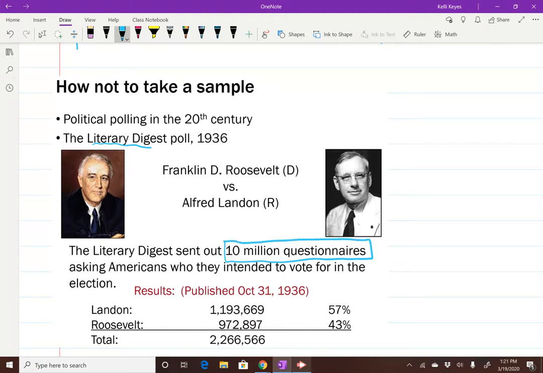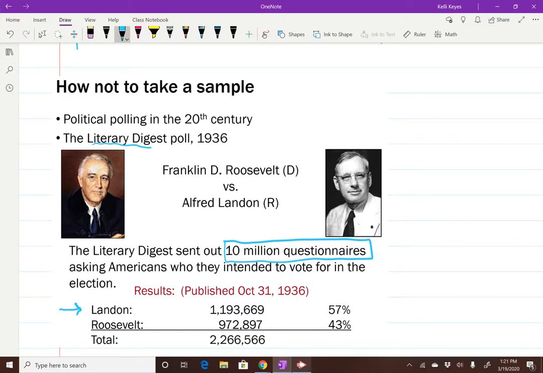That's a lot, right? And of course, in 1936, it's mail, snail mail is what we refer to it as now. So they mailed them out, and then they published their results. Right before the election, which is in November, on October 31st, they published these results predicting Landon would win by about 14%.